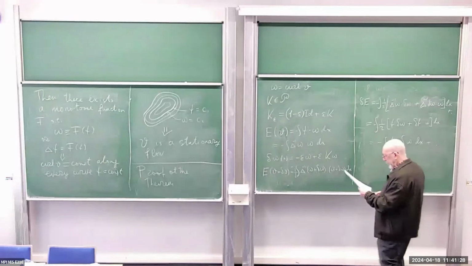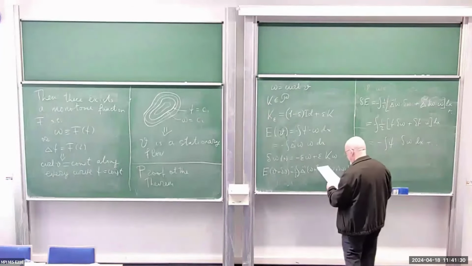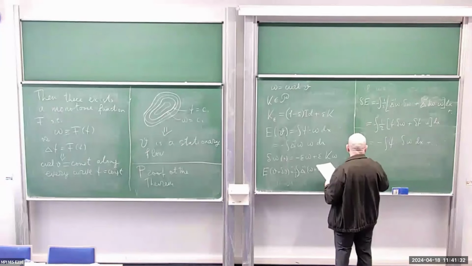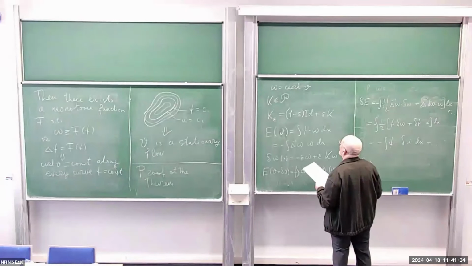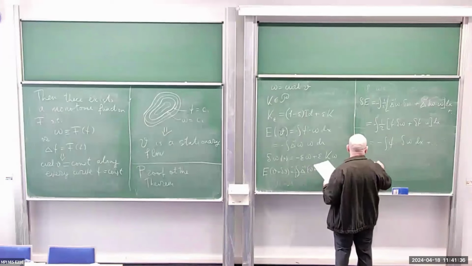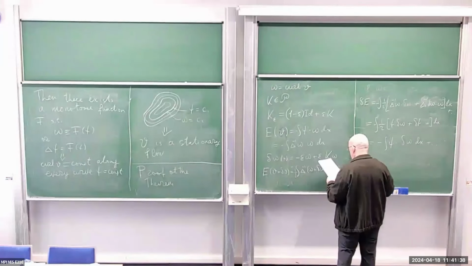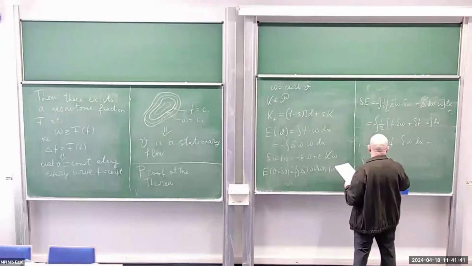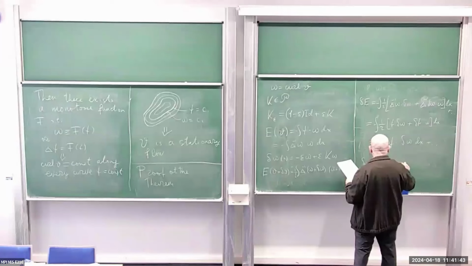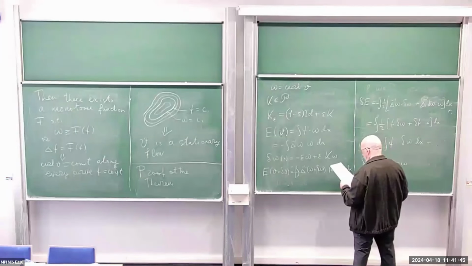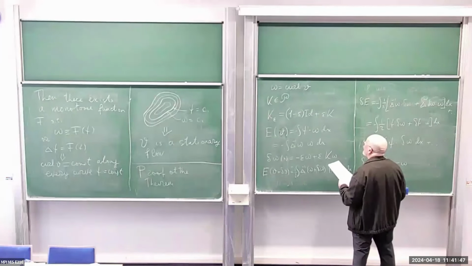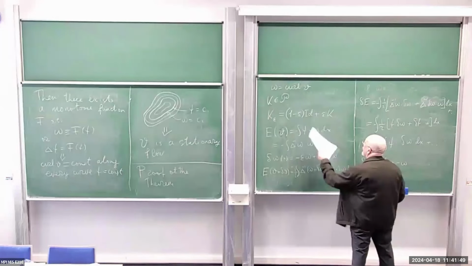Now, what is delta omega? Equals K omega minus omega.